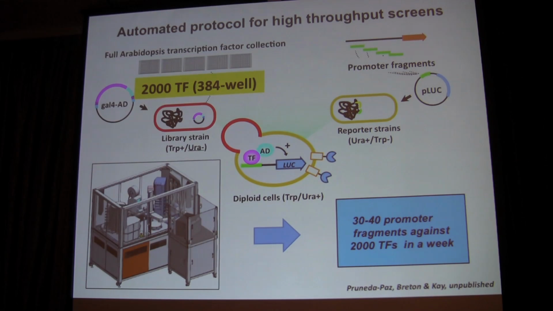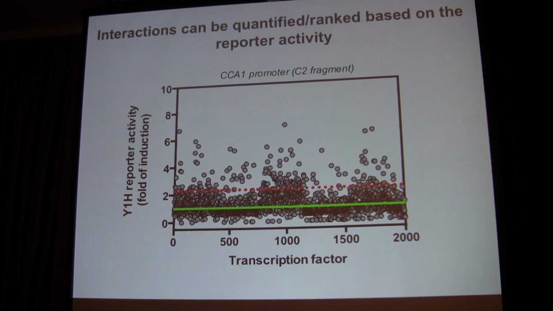So with this system, we can now screen about 30 to 40 promoter fragments in about 1 week. So this represents about 80,000 transcription factor promoter interactions that we can check individually in around 1 week. One of the advantages of measuring the activity of the reporter is that for any given promoter fragment, we can plot, okay, what's the level of activation that we observe for the reporter gene.